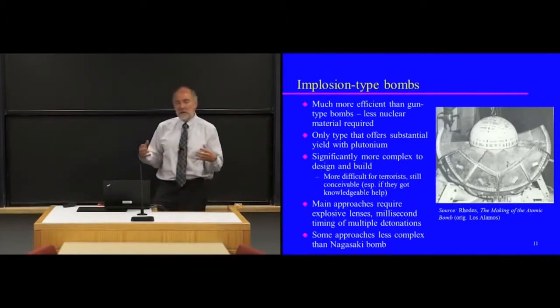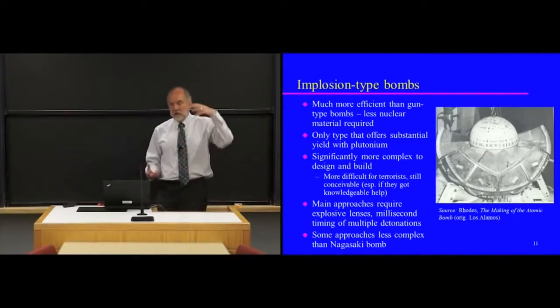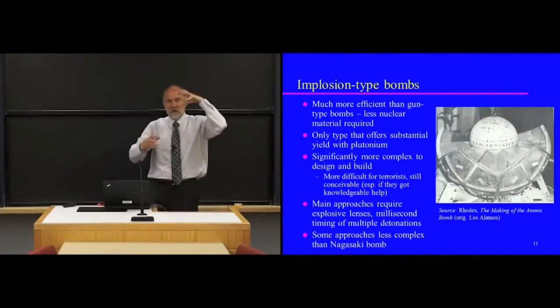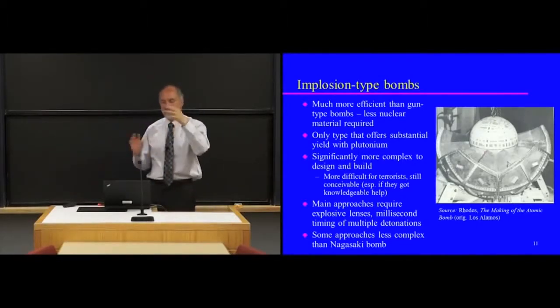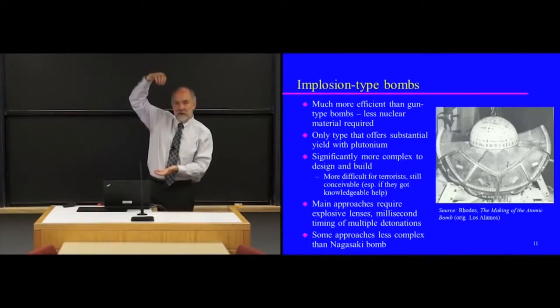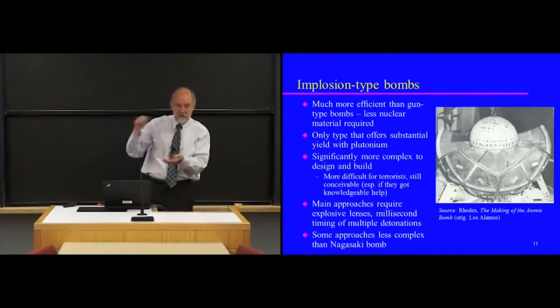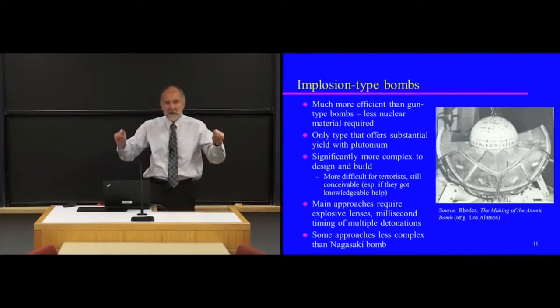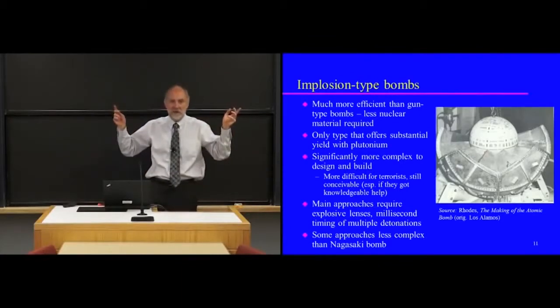Now, what you need to do in this situation is you need to detonate the explosives at exactly the same time all around this bomb, because if the explosives on this side go off first, before the explosives on the sides go off, what you'll have is not a crushed ball, but a pancake. And remember, in a pancake, the neutrons are leaking out all over the place.